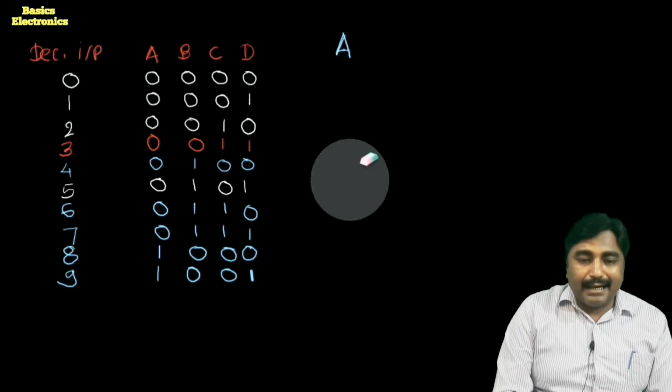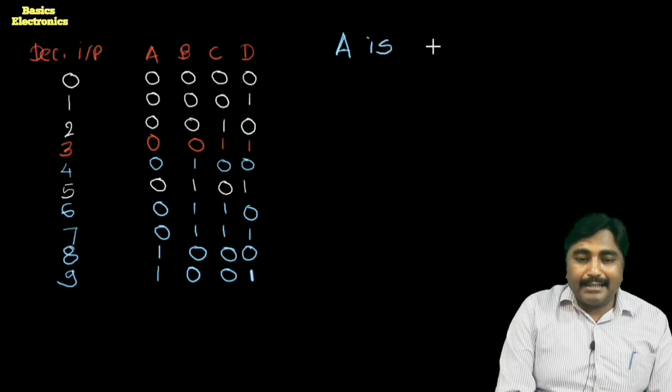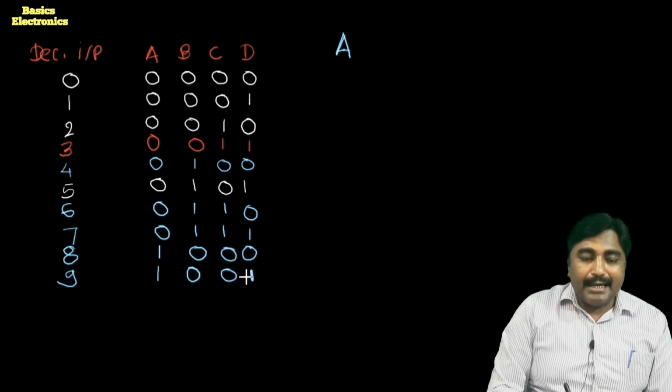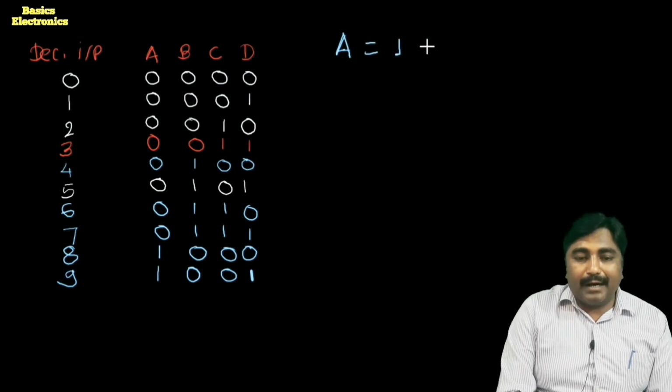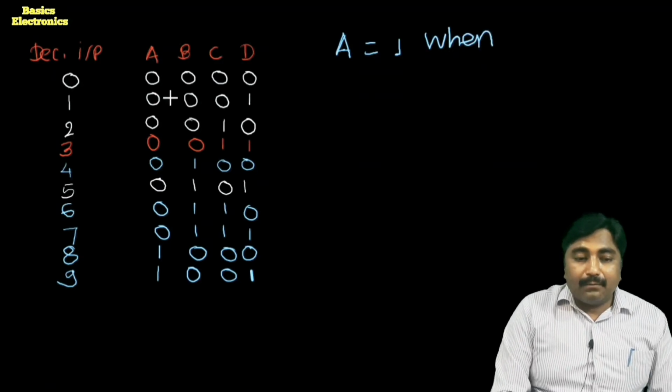We can say the output of the first gate, which is A, is high. A equals 1. When is A equal to 1? Which switch is pressed?